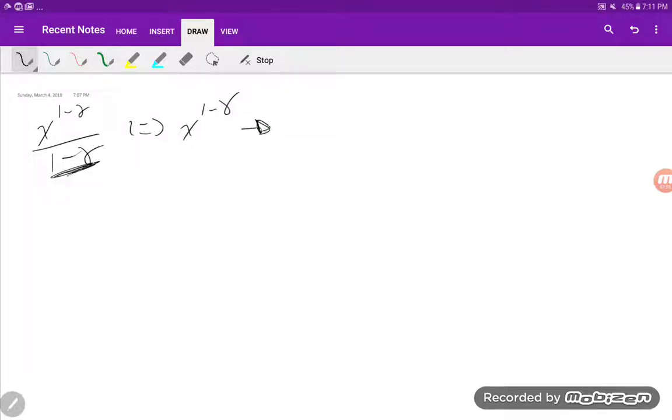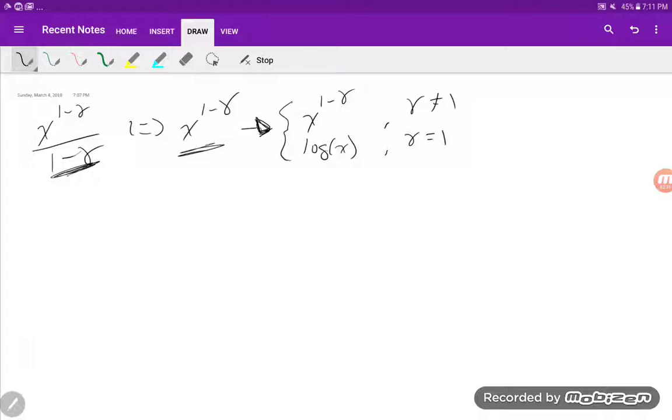This is then normally split into, you take this function x to the power 1 minus gamma when gamma is not equal to 1, and you say that it's log utility when gamma does equal 1.